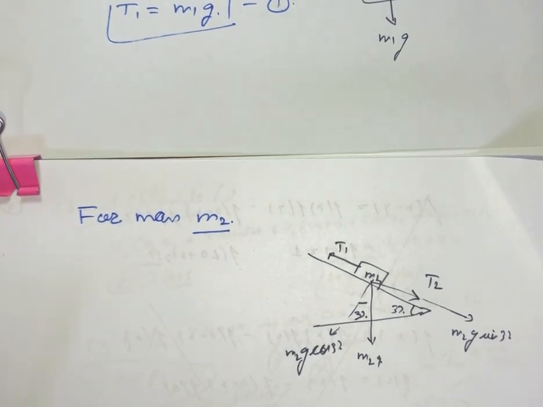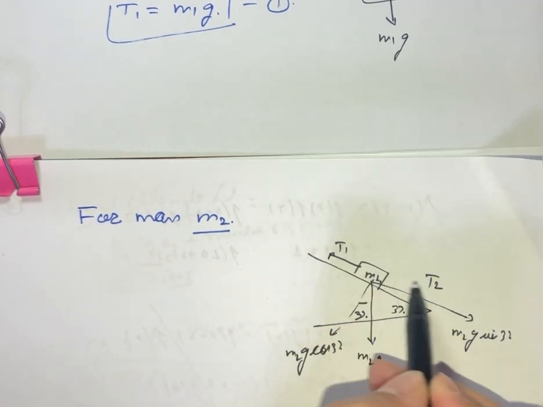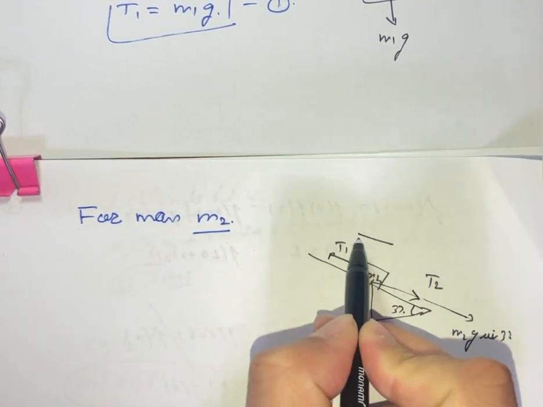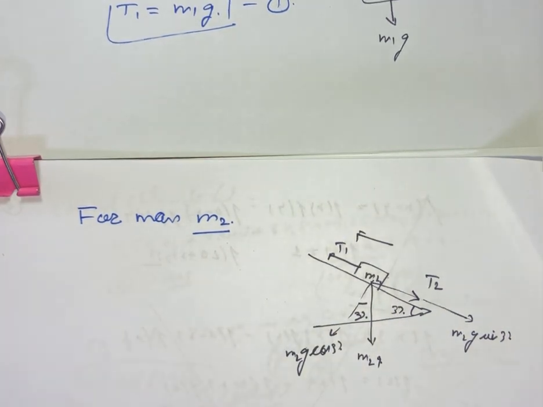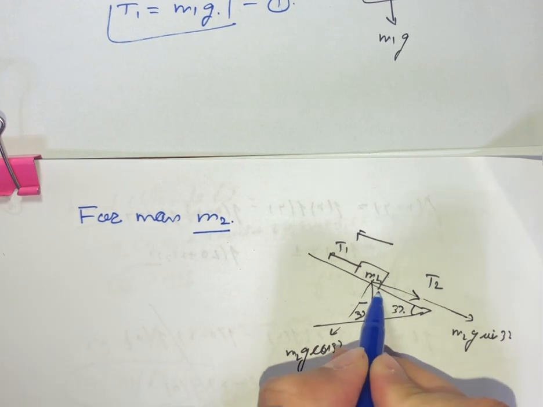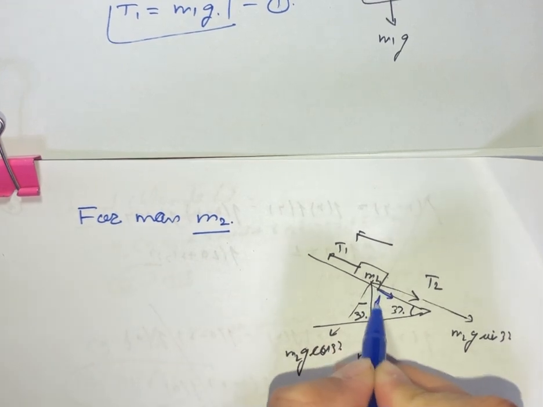The friction is also present. As m1 is moving in the downward direction, the block m2 will be moving up the inclined plane. So we are going to have a frictional force acting down the inclined plane, and let us call that FR2.